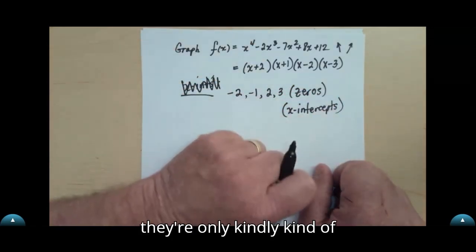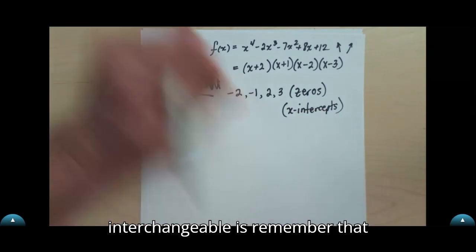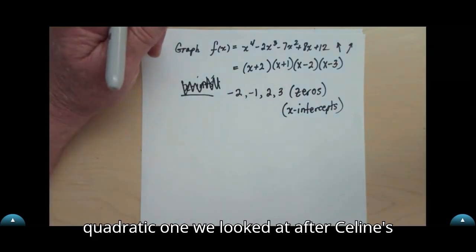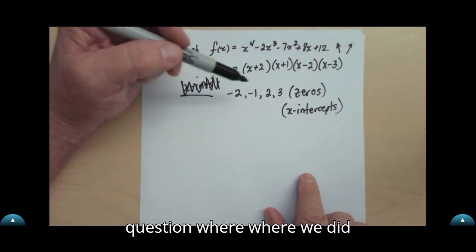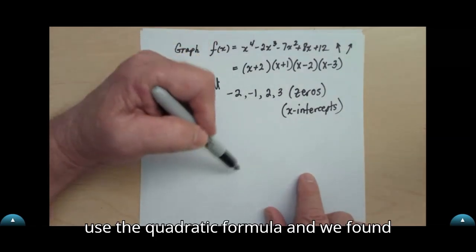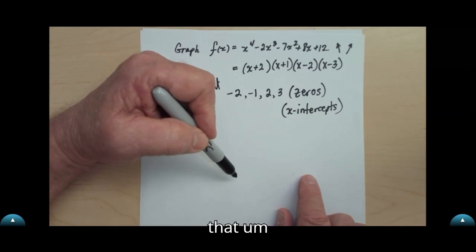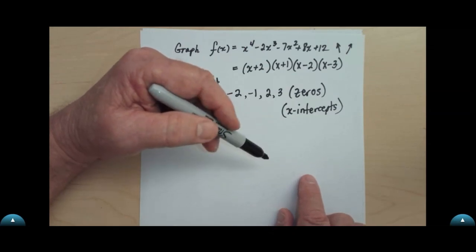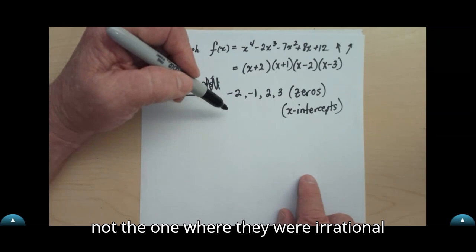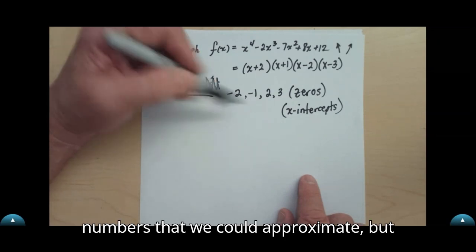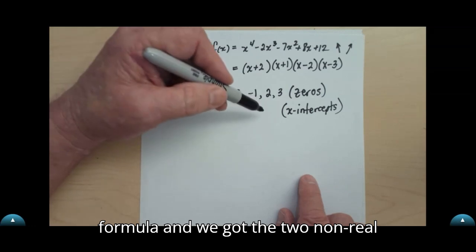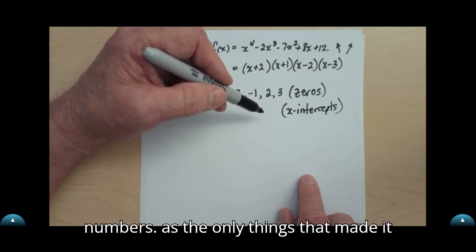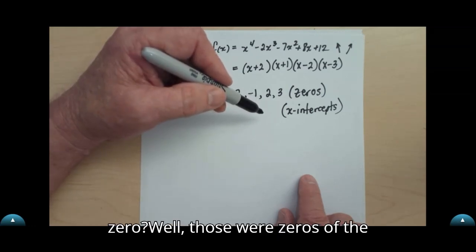The reason they're only kind of interchangeable is, remember that quadratic one we looked at after Celine's question, where we used the quadratic formula and we got the two non-real numbers as the only things that made it 0.